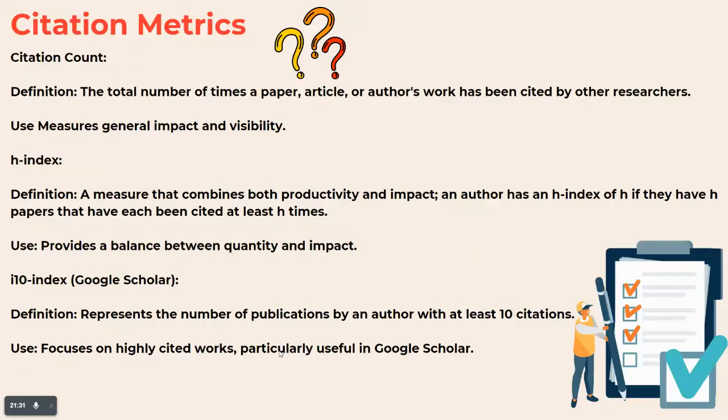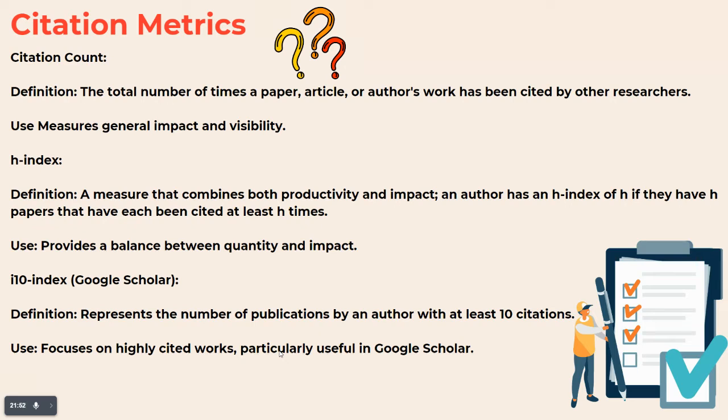Then we have the H index. So what is the H index? If you search on Google Scholar, then you can see this H index, right? So the H index is a measure that combines both the productivity and the citation impact an author has.